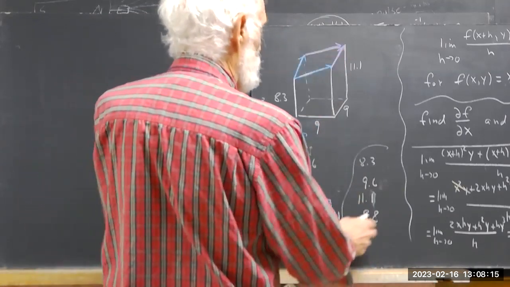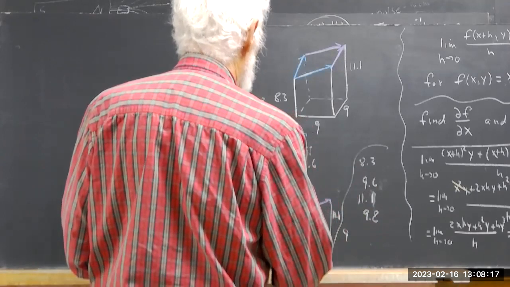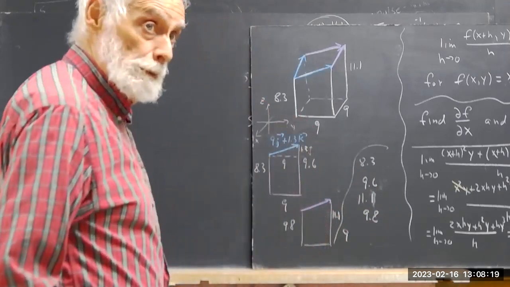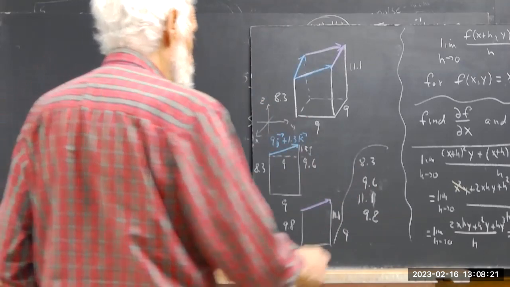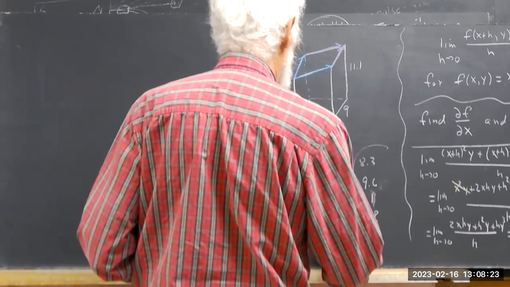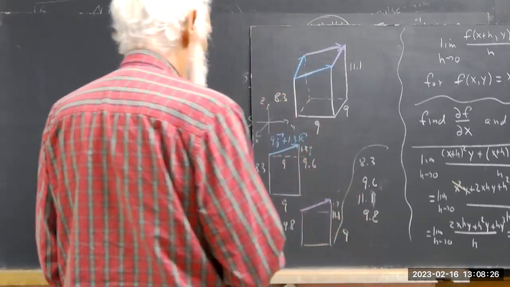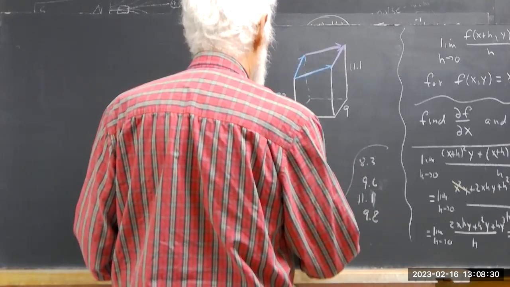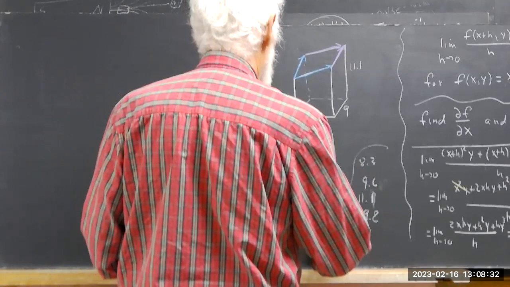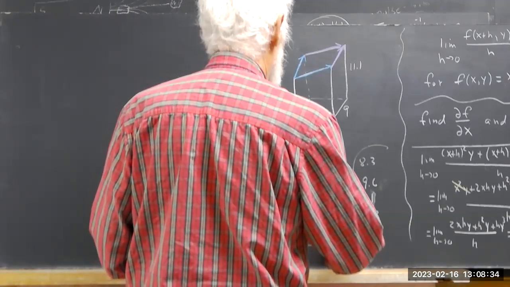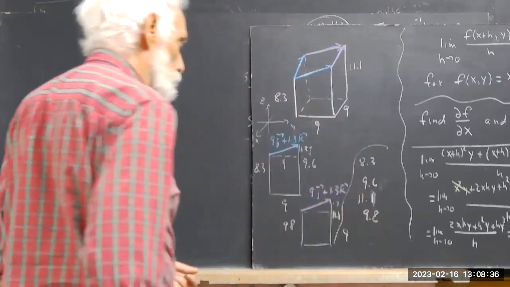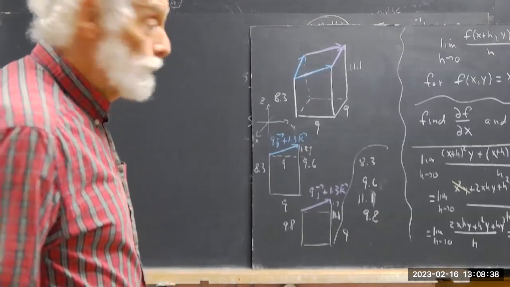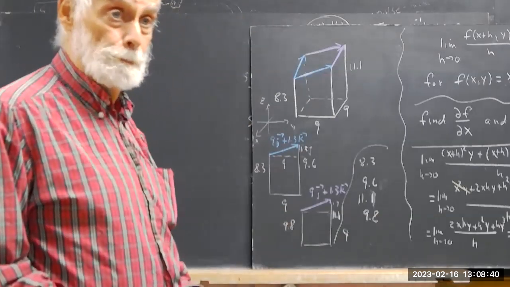And this has to then be the one we haven't used yet, 9.8. And then if we do this, we still get a 1.3 here. We see that this vector is also 9J plus 1.3K. So now I know how to label it.